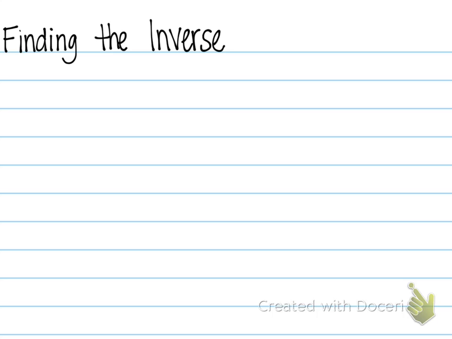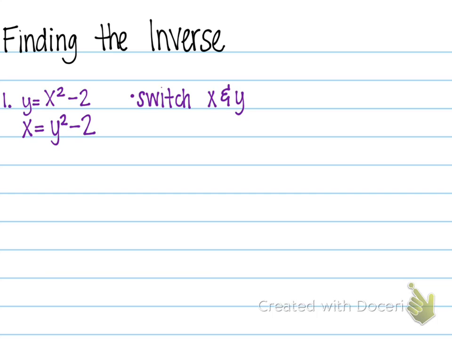Okay, next we want to find the inverse. So if we started with an equation y equals x squared minus 2, the first thing we want to do is switch our x and y values. So now it becomes x equals y squared minus 2. After we switch, we want to solve for y. The first thing to get y by itself is we need to add 2 to both sides.